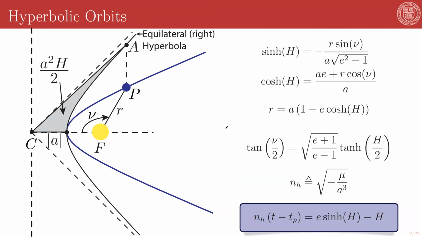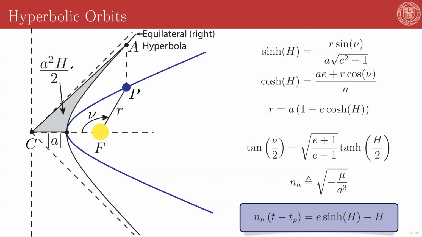When we turn to the hyperbolic orbit case, it turns out that we can set it up exactly in the same fashion that we did for elliptical orbits, except that we have to define an anomaly, a hyperbolic anomaly, in terms of an area rather than an angle measure.